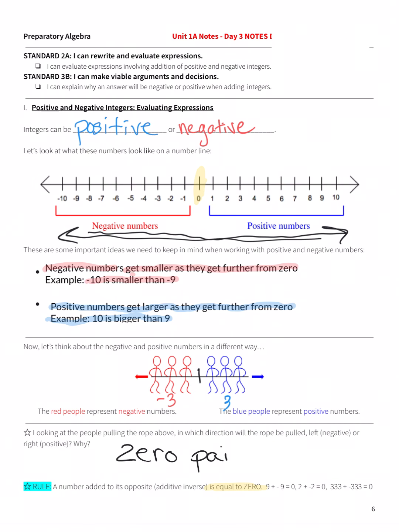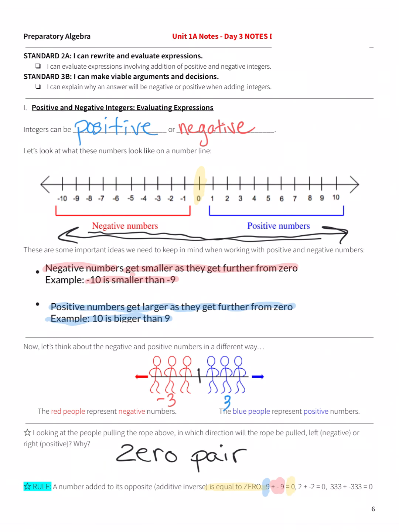That's why. All right? So another example, if you look right here, if we have 9 plus -9, it equals 0. Why is that? Because they are opposites.